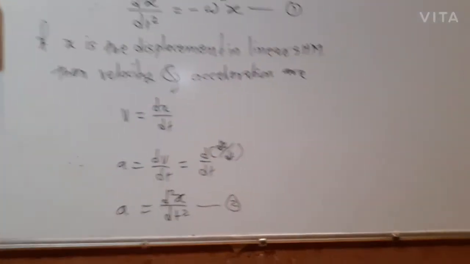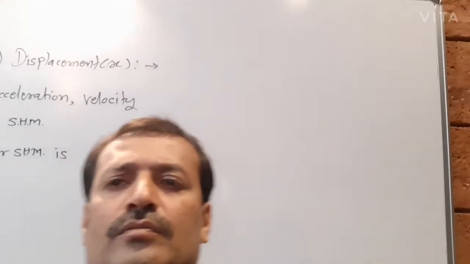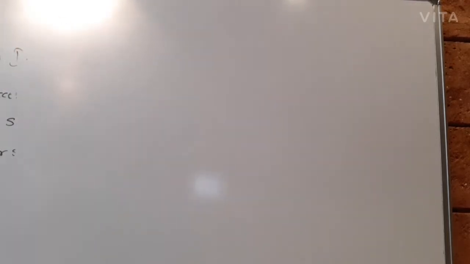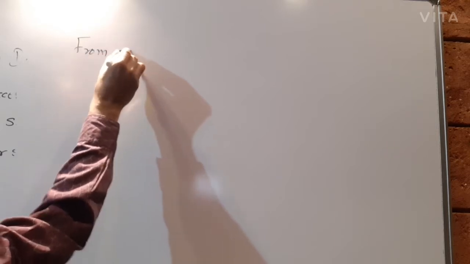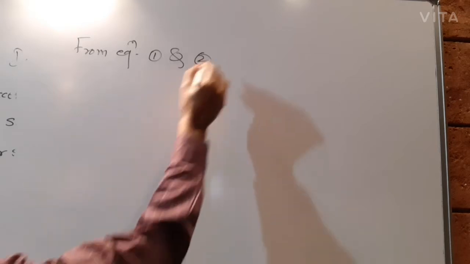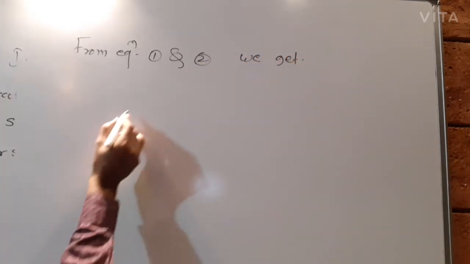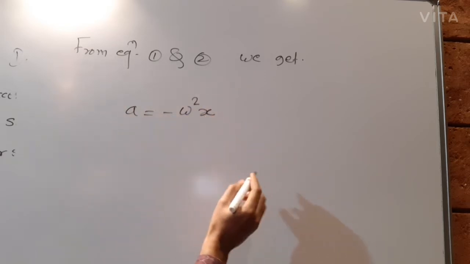So write down, from equation 1 and 2 we get a is equal to minus omega square x.